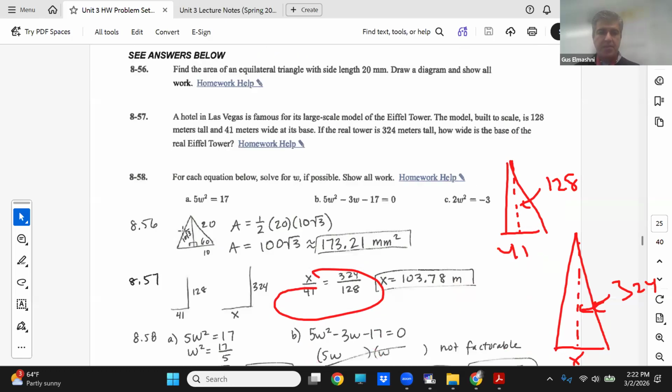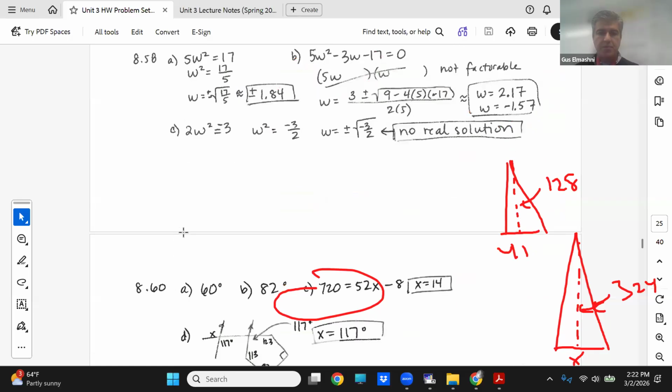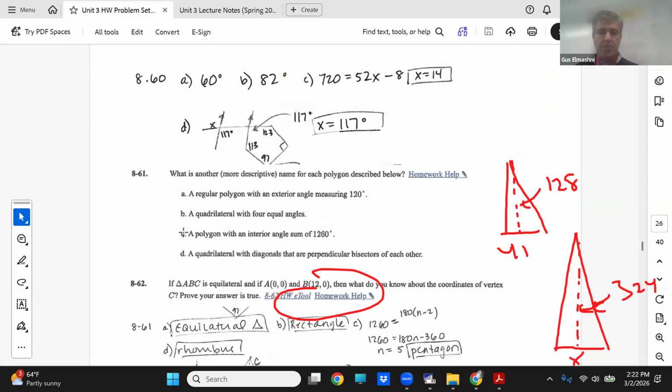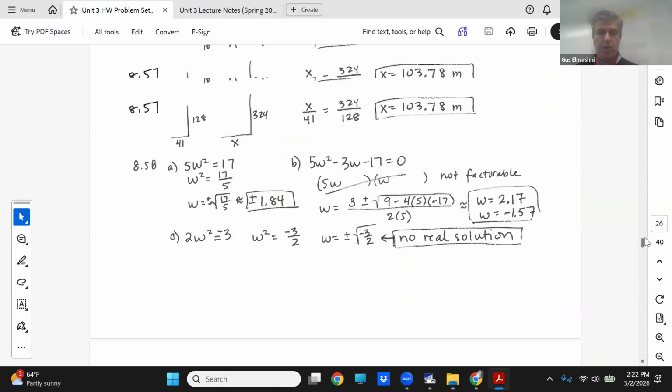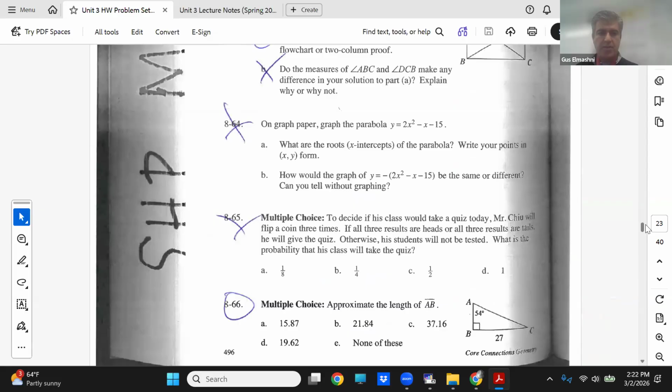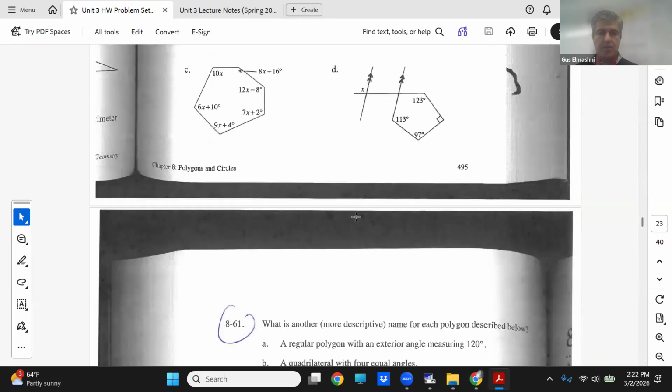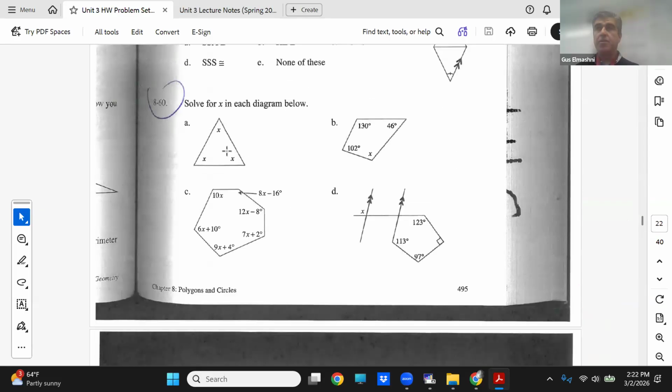For 860, those are the answers there. I don't see the actual question, but the actual question looks like this. You guys are okay with that? Solve for X, right? Parallel lines. Looks like you have 6 angles there.